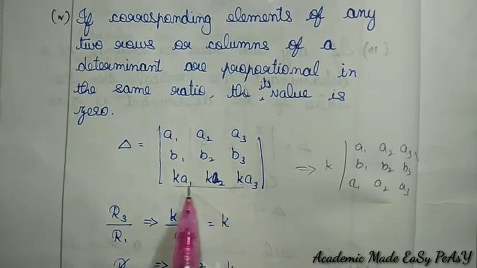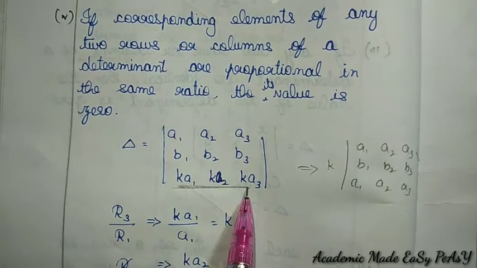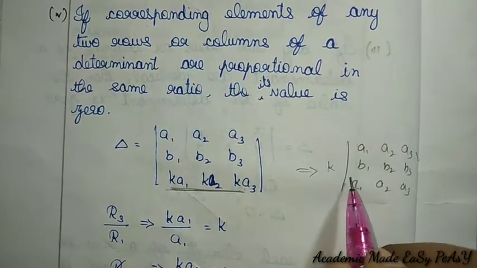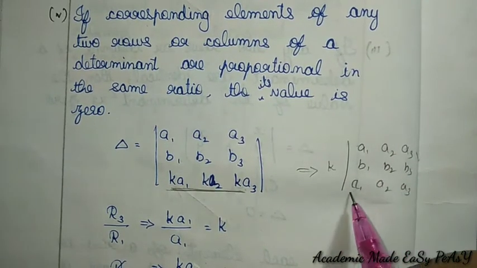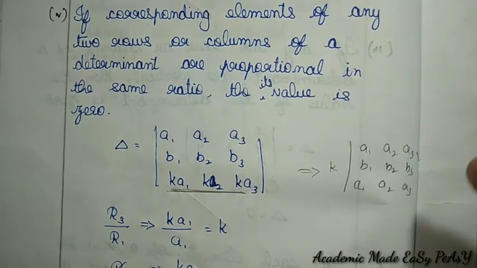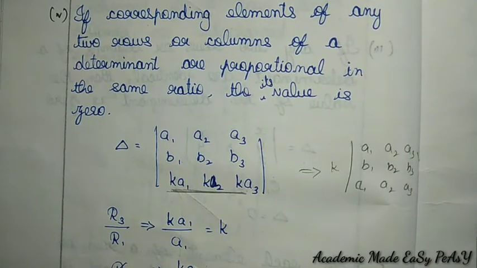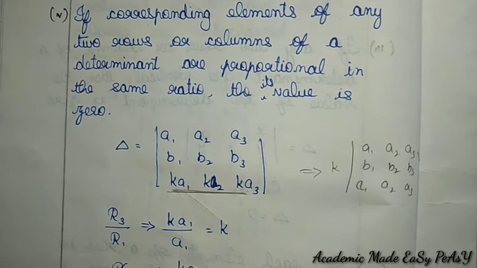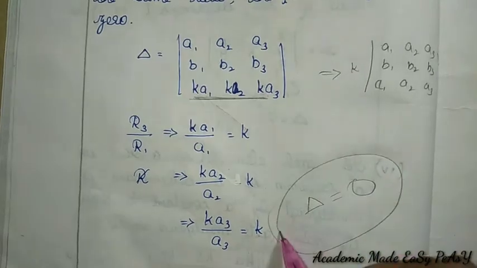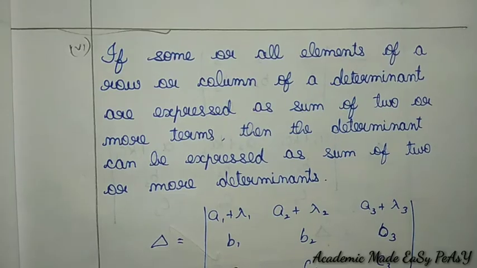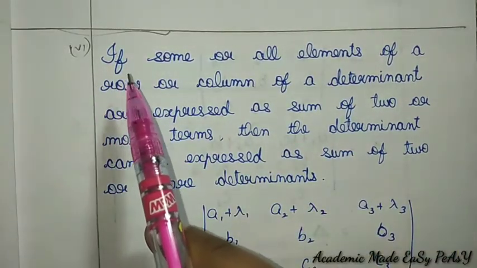So here, fully in the third row, I have a constant which is common, so I will take k1 out. So a1, a2, a3, b1, b2, b3, a1, a2, a3. In the previous properties, we have learned that if we have the same elements, then the determinant value is 0. Therefore, the determinant will become 0.